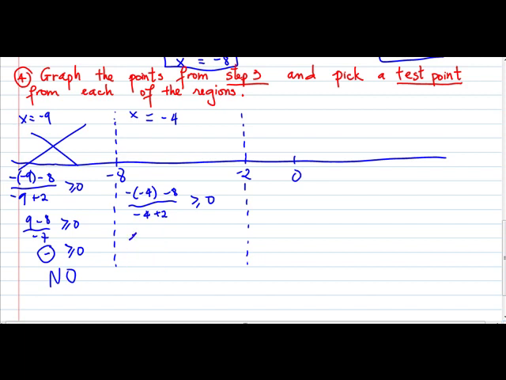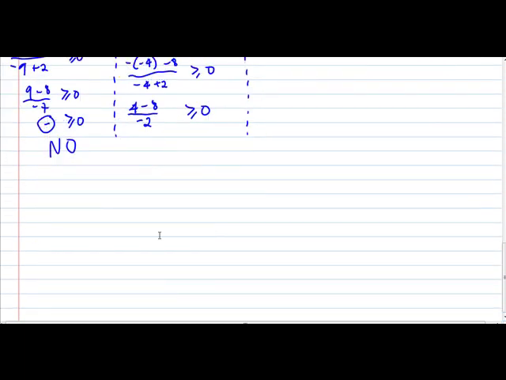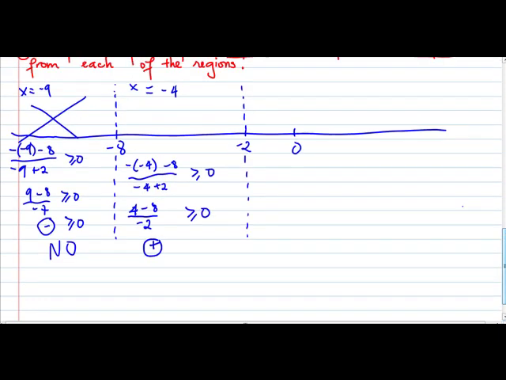Minus 4 plus 2 is minus 2, and minus 4 minus 8 is a negative number. A negative number over a negative number is a positive number, and a positive number is always greater than 0. So yes, our solution belongs from minus 8 to minus 2.